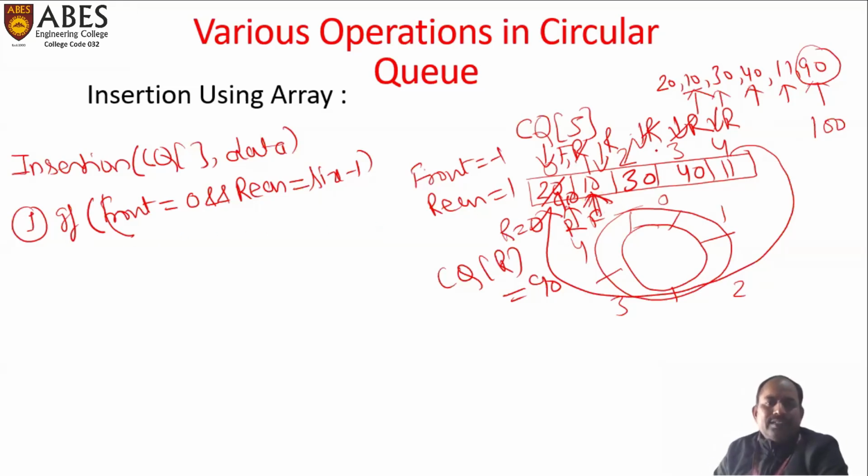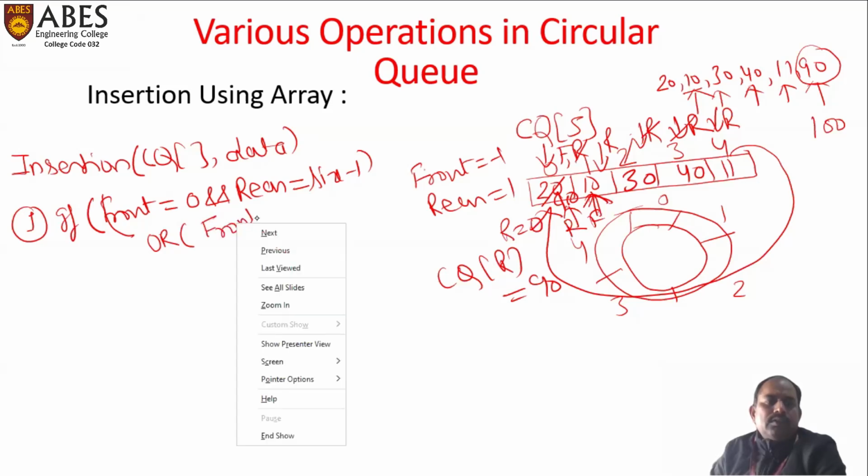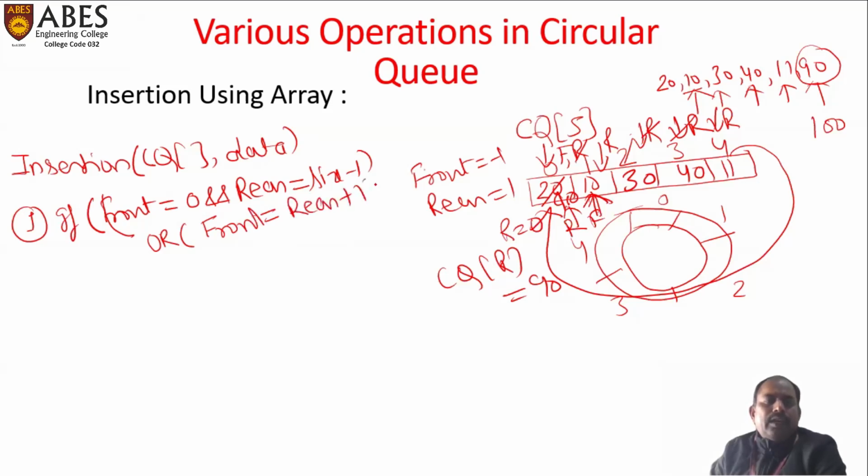So we can write the algorithm using this. The second case is when front is equal to rear plus 1, then again overflow.